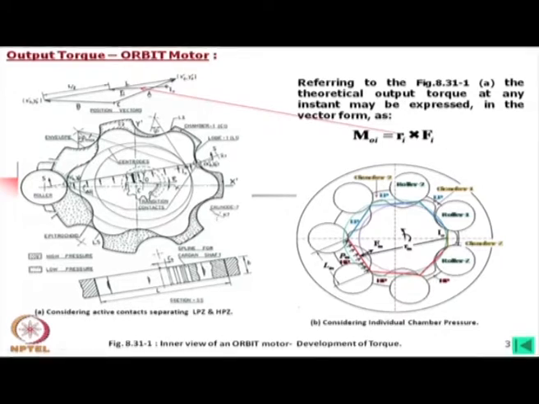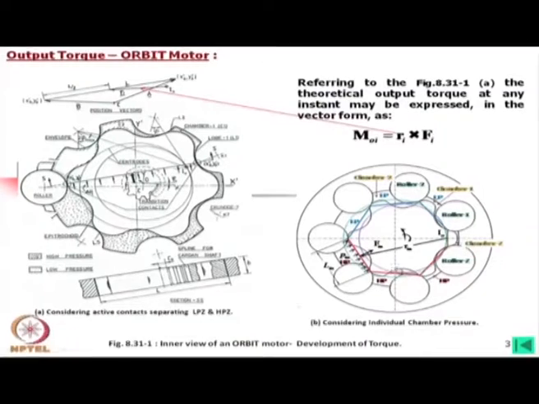All contacts joining the instantaneous center of rotation and the crew node, which is the center of the roller, are the active contacts, and among these there will be 7 active contacts. Among these, these two are the critical contacts which are separating the chambers from high pressure zone to low pressure zone.